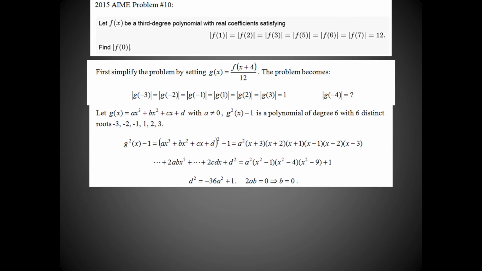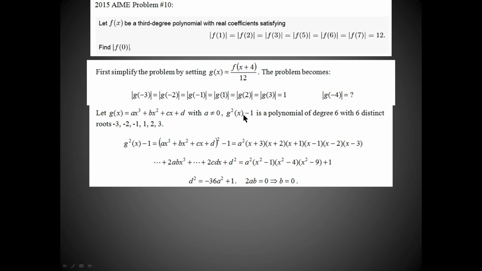g(x) is still a degree 3 polynomial. So we just say g(x) is ax cubed plus bx squared plus cx plus d, and a is not 0. Now consider g squared of x minus 1.